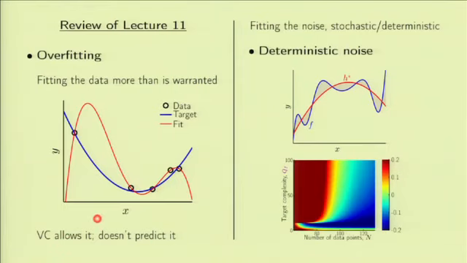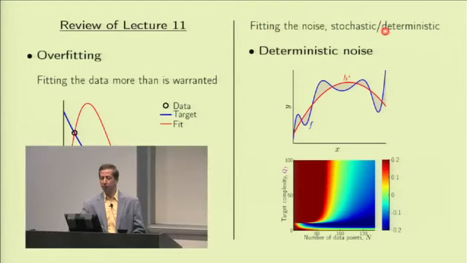So now we are zooming into the details of the theory and trying to characterize a situation that happens very often in practice, where the noise in the target function results in overfitting, and we can do something about it. That's why we are actually studying it, because there will be ways to cure that disease, if you will. And then we characterized that the source of overfitting is fitting the noise.